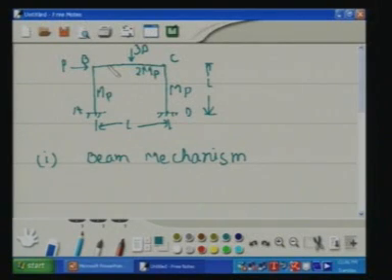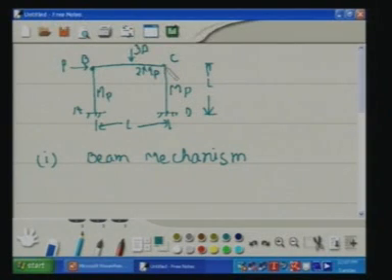Since the plastic moment is 2 MP in the beam BC, and MP in column AB and MP in column CD, instead of the hinge forming here, the hinge will form in the column, just at the tip of the column, because the plastic moment is lesser in column AB.